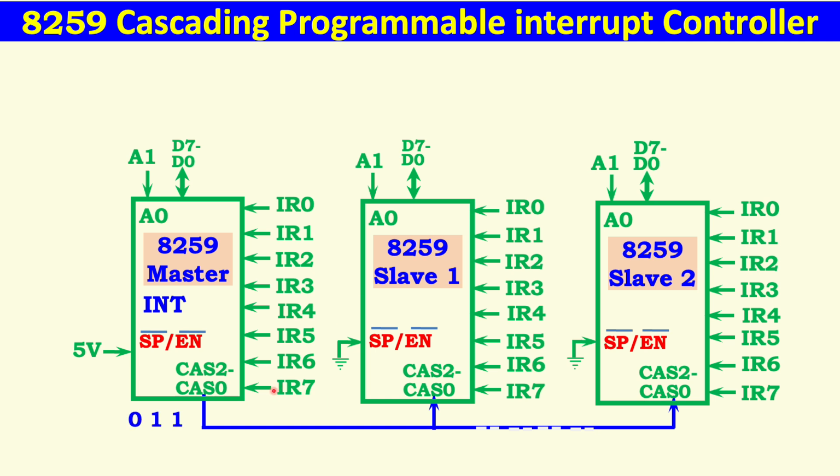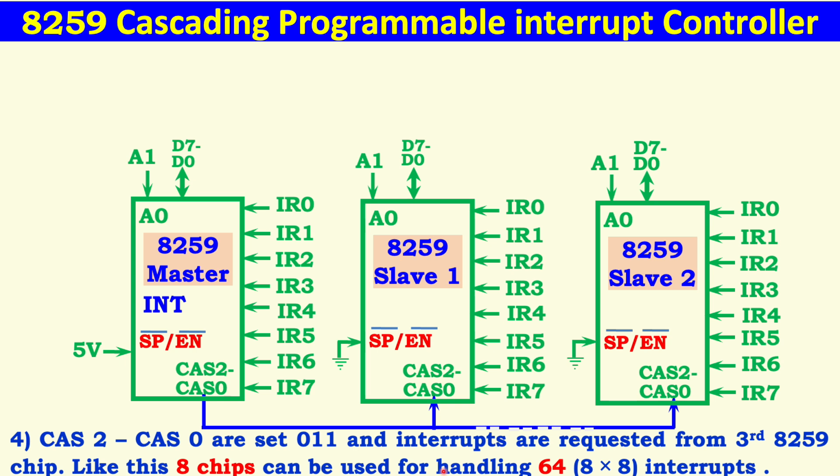I want to take a request from chip number 3. So the master can send a signal, initiated by 0, 1, 1. So what is this? 3. So chip number 3 can be initiated to handle the interrupt requests from the third 8259 chip.